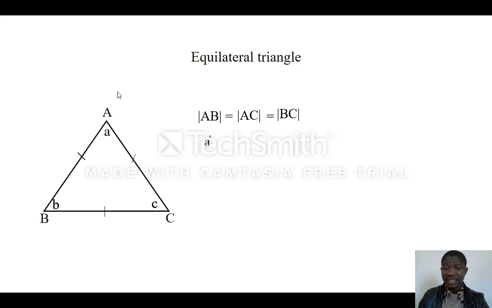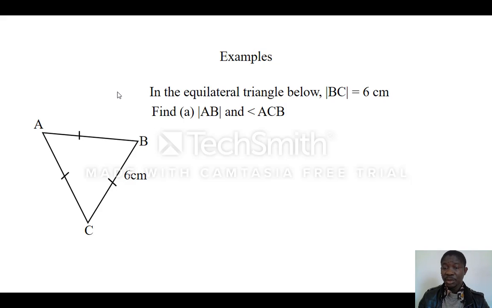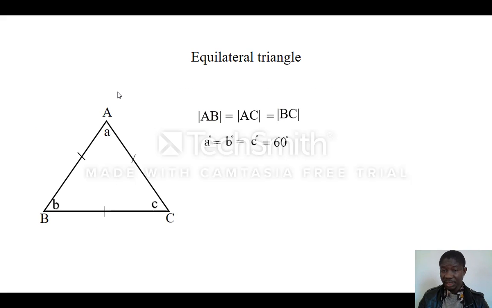Again, the interior angles A, B, and C are equal, A equal to B, and B equal to C, and each of the angles is equal to 60 degrees. In conclusion, all the interior angles, each of them is 60 degrees.